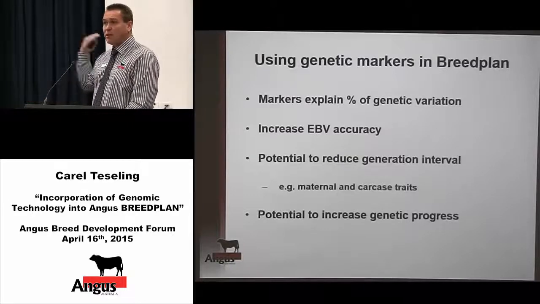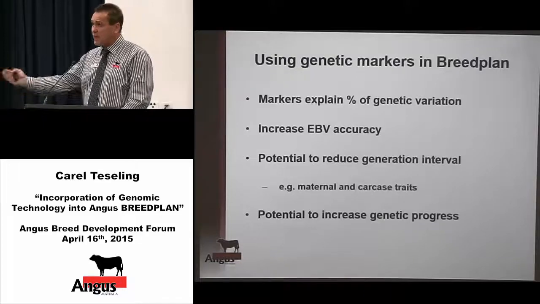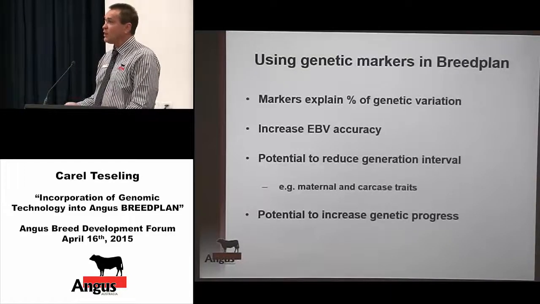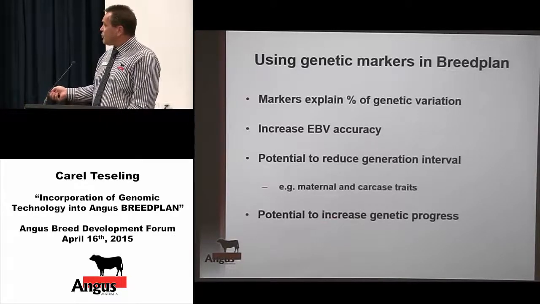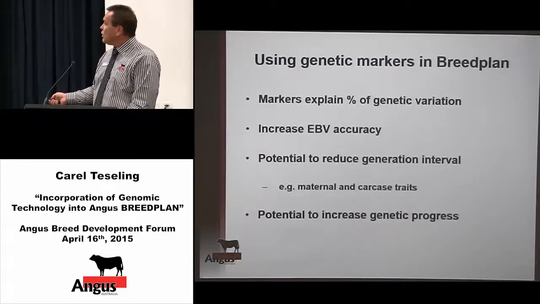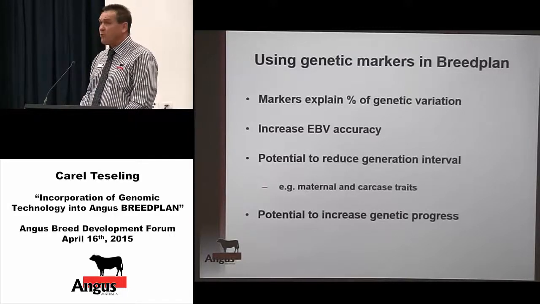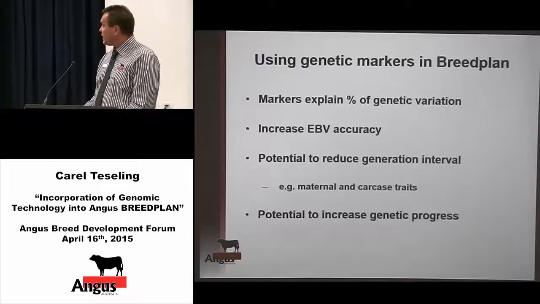You don't have to wait until a lot of their progeny, for instance, gets killed, and then you can really start to identify them earlier on. Also, with all of that, especially in generation interval, the accuracy of selection will make our genetic progress quicker. So that will contribute to a faster genetic gain.